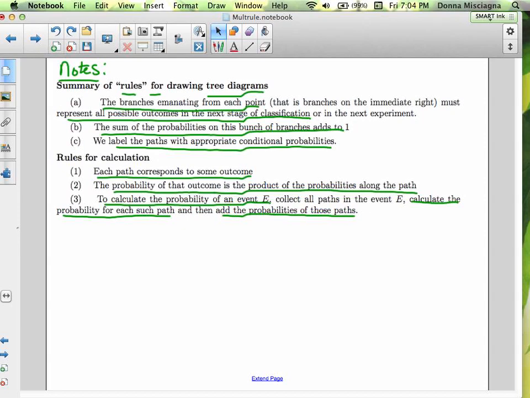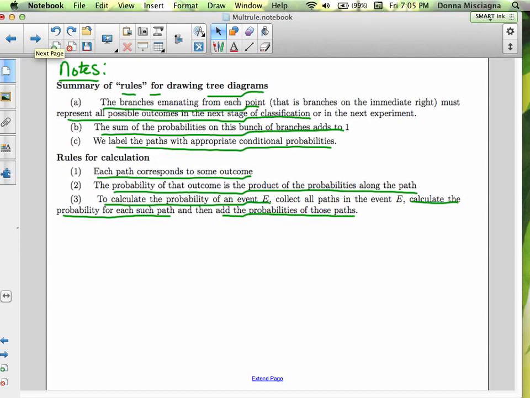All right, so the branches emanating. If you don't like that word, you can substitute that come from each point, all right? It doesn't matter. Emanating just means starting from each point. I'm not used to seeing it in print, I guess.